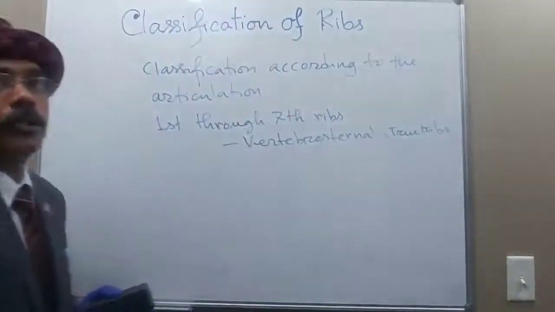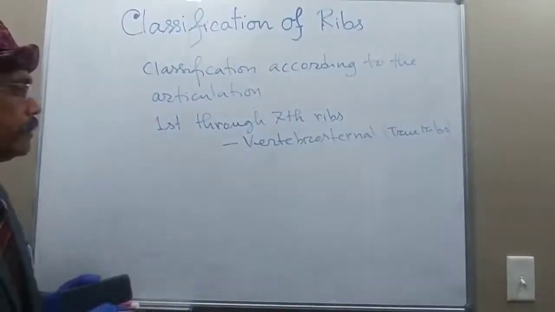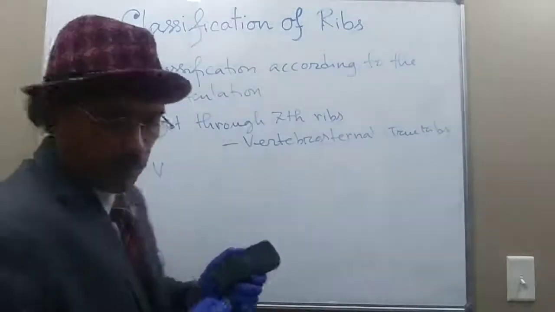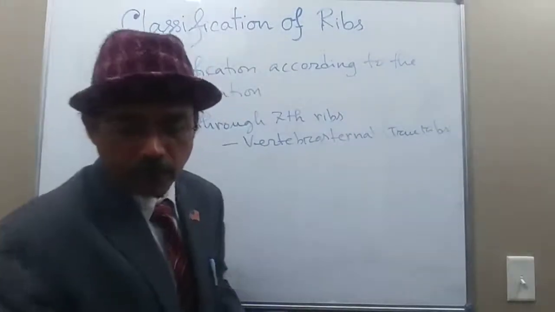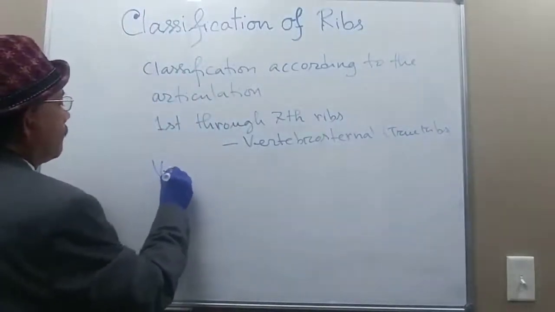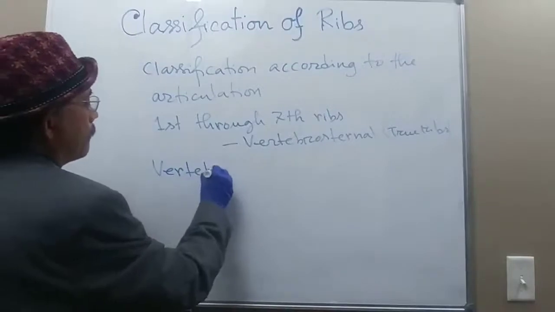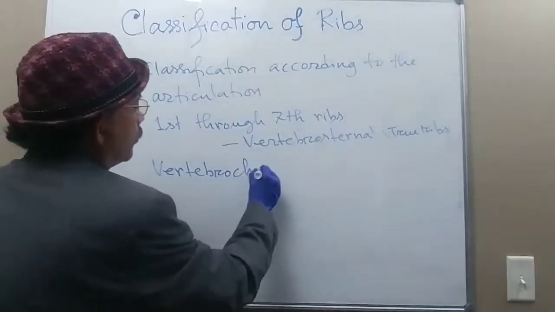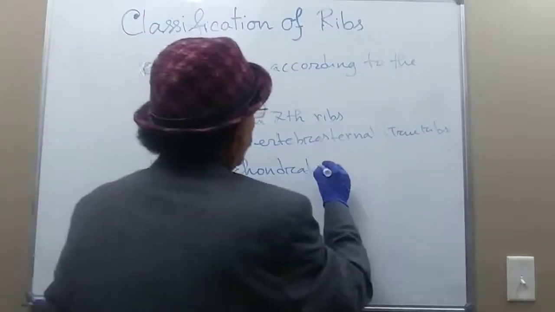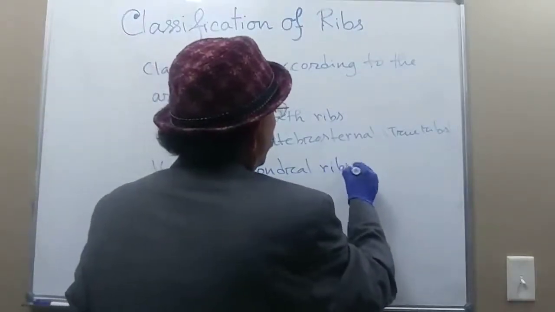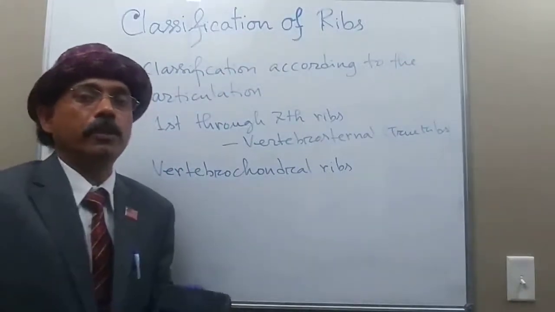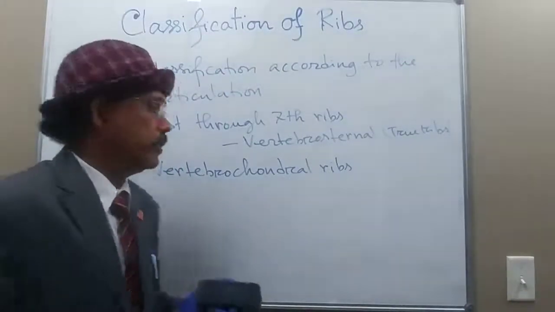Okay, we got that. Now we'll go to the vertebrochondral ribs. Some ribs are called vertebrochondral ribs. These ribs are articulated posteriorly to the vertebra. Anteriorly, they end up in the costal margin.